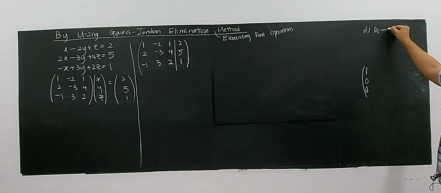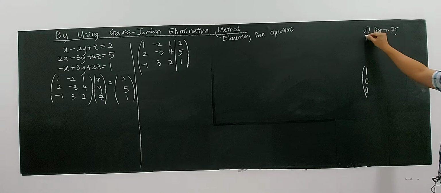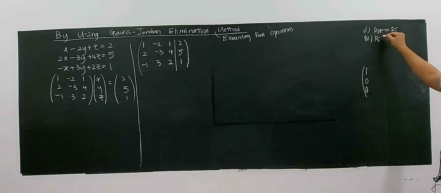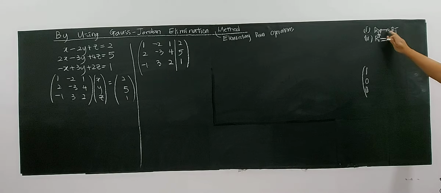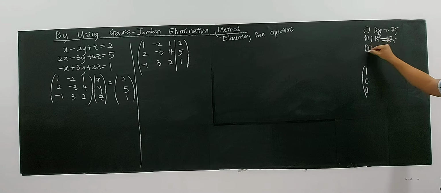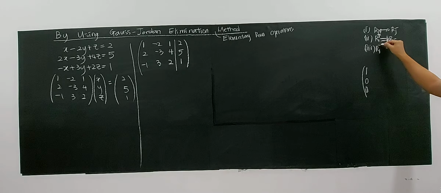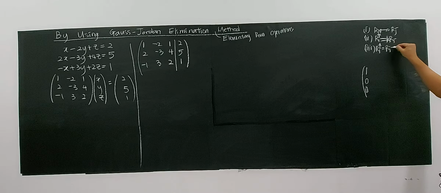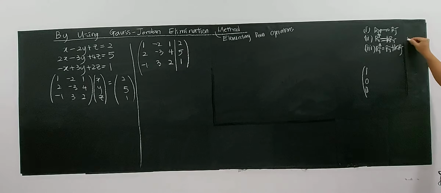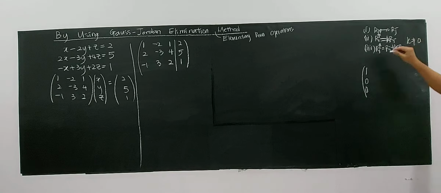One, you can interchange the rows. Secondly, you multiply a row by a constant k. Or the third one, you modify a row by adding it to another row, where k cannot be 0.